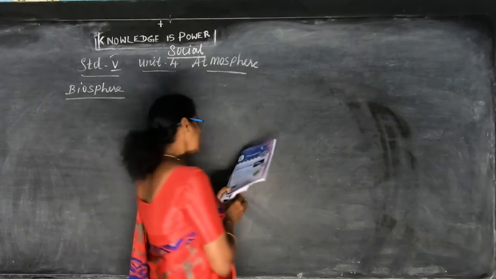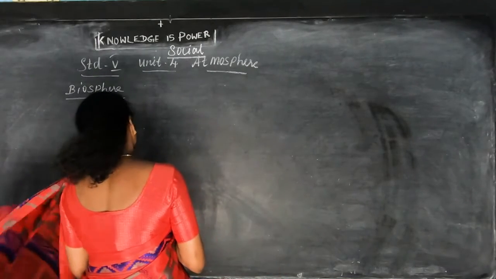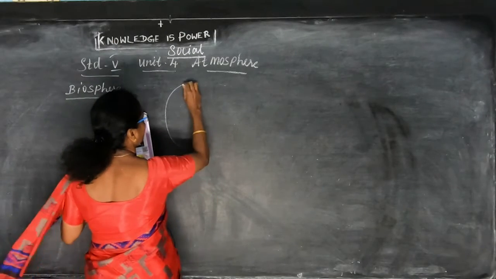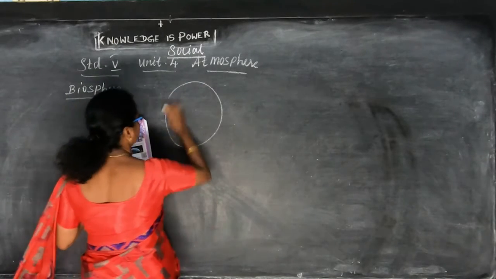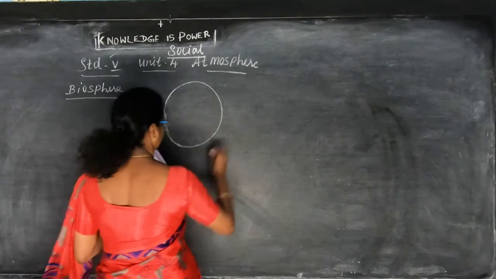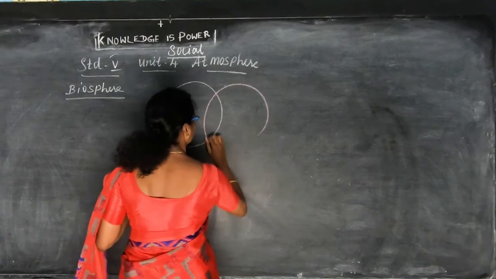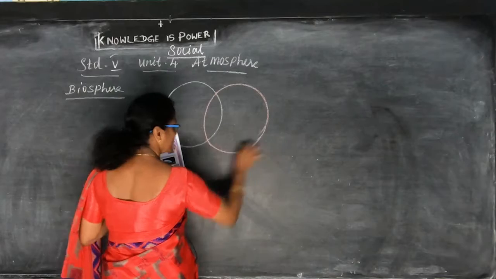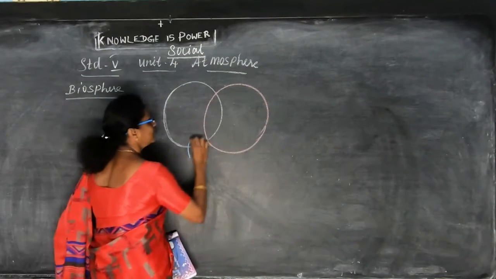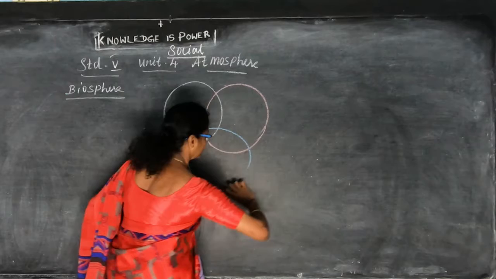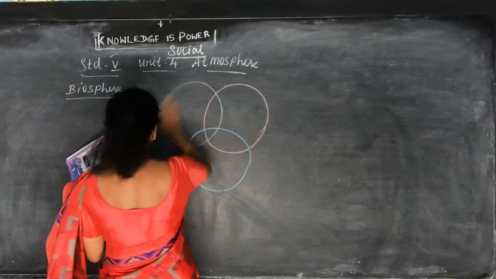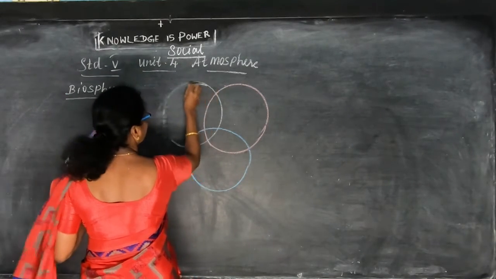So now you see that lithosphere, atmosphere, and hydrosphere is blue. These three together.